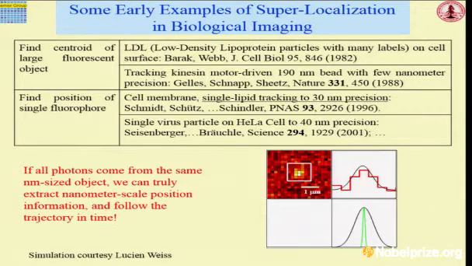Here's a number of examples of very early superlocalization experiments where LDL particles or kinesin motors and so forth were imaged by finding the position of a large object. But if you find the position of a single fluorophore, you can do something much better, because all the photons come from the same nanometer-sized object. That means you can extract nanometer scale position information about where the molecule is.